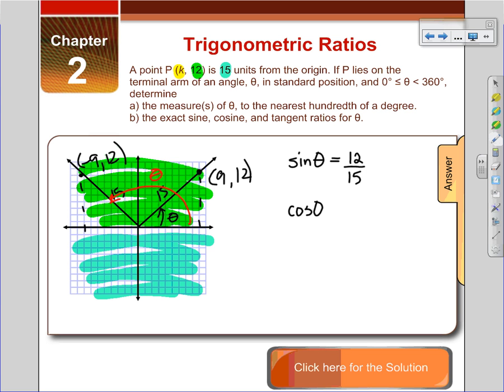Cosine of either theta could be 9 over 15, x over r, or negative 9 over 15. And then for tan, which is y over x, it could be 12 over 9, or negative 12 over 9, because the x value could be plus or minus.